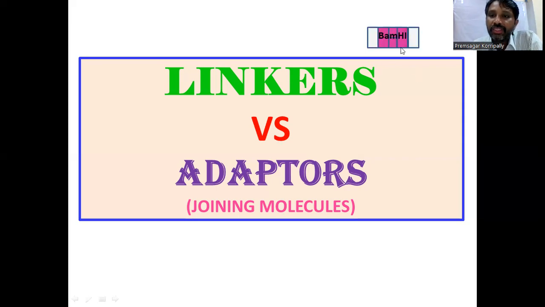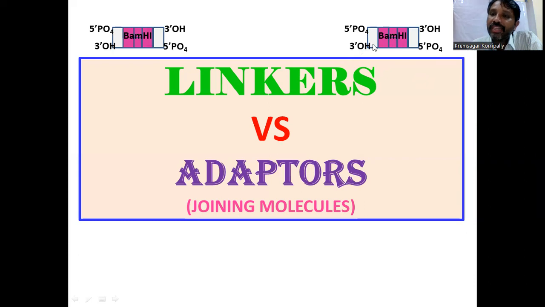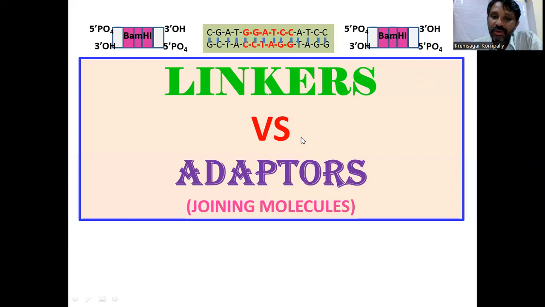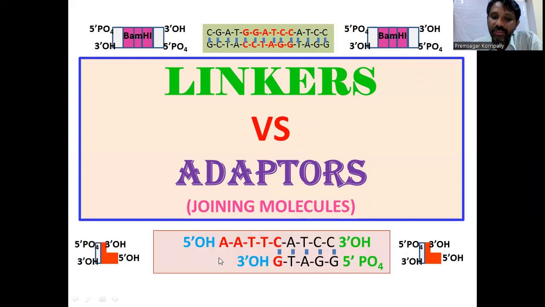You see, linkers have an internal restriction site, and both termini are blunt and have 5' phosphate and 3' OH at each termini, like natural DNA. Whereas adapters have pre-formed cohesive ends.